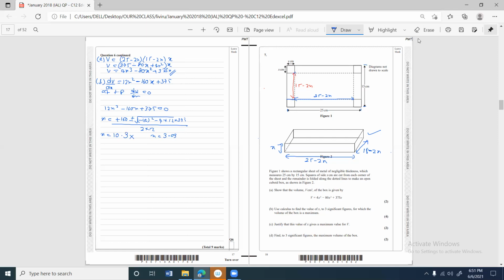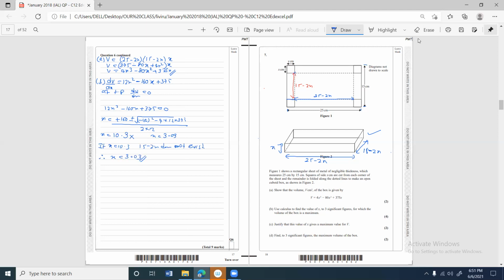So if x equals 10.3, 15 minus 2x does not exist. Therefore the answer for x should be 3.03. That is the answer for x.